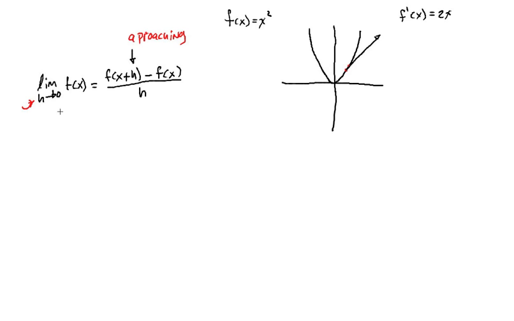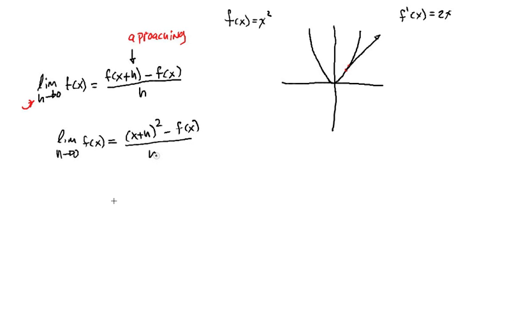So in order to solve this, we input the limit as h goes to 0 of f of x, which is going to be x plus h squared, minus f of x, all over h.